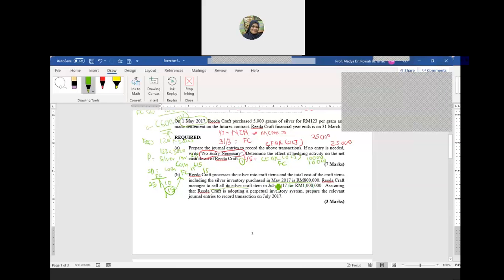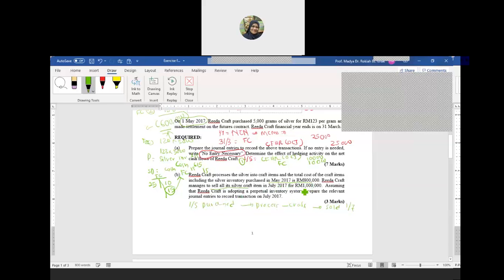Then you process the silver, and it becomes a craft item, and after that you sold it on the 1st of July. So you managed to sell it. Now it is a craft item, and you sell it at the price of 1 million.